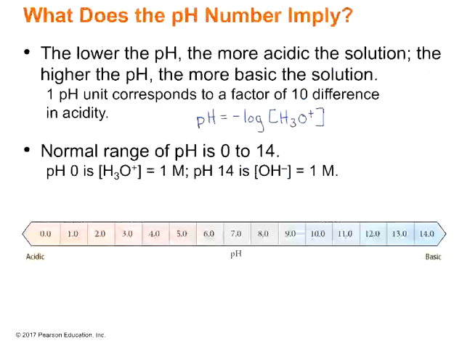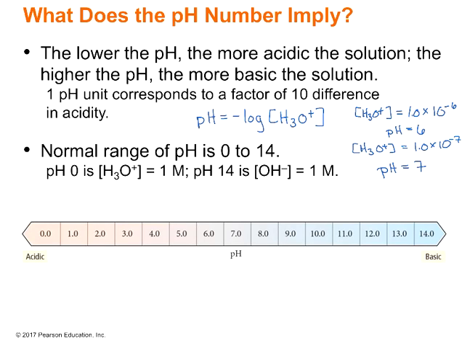So for instance, if we have a concentration of hydronium ions equal to 1 times 10 to the negative 6th, the pH is equal to 6. And then if we have a concentration of hydronium ions equal to 1 times 10 to the negative 7th, the pH is equal to 7.